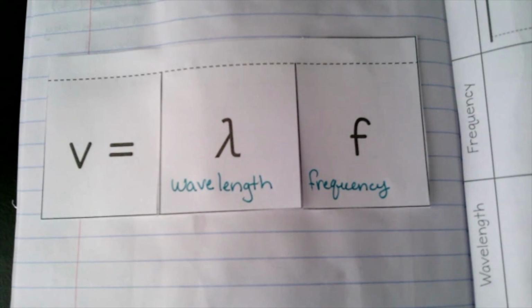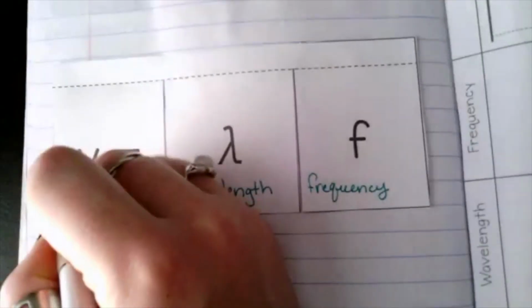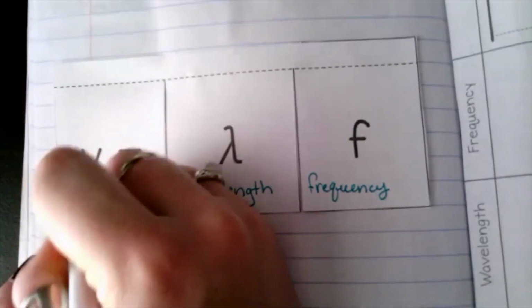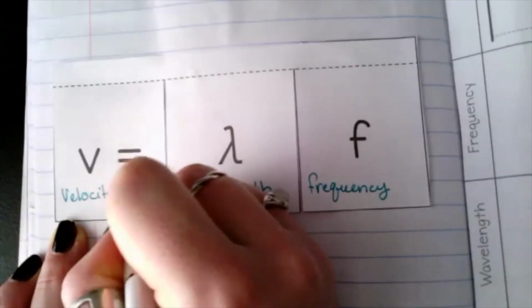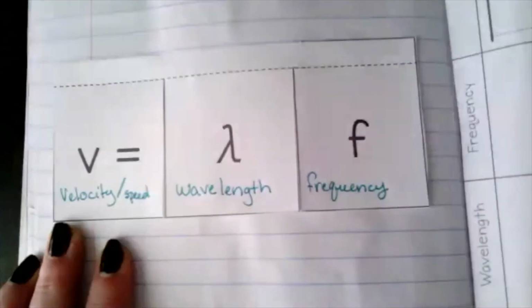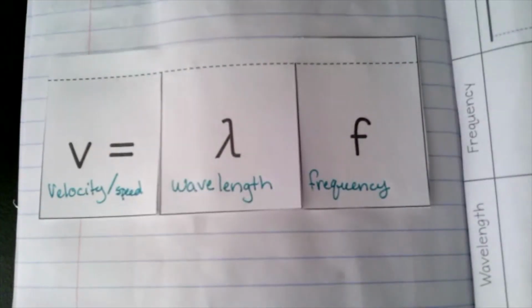Now v is equal to velocity. You will sometimes hear the word velocity interchanged with speed as if they mean the same thing. I want you to know that in fifth grade, we can go ahead and refer to them as the same thing, but I want you to know that they are different.